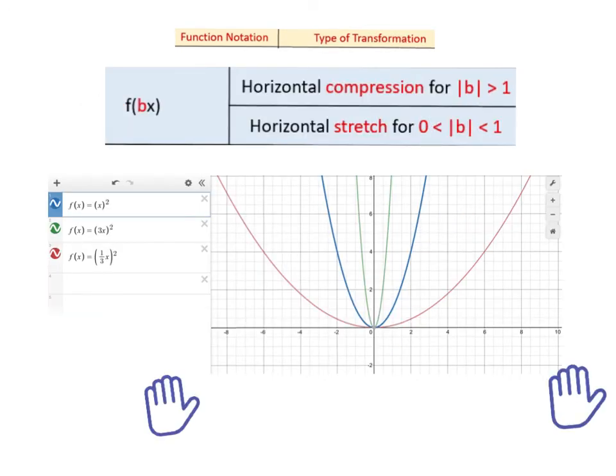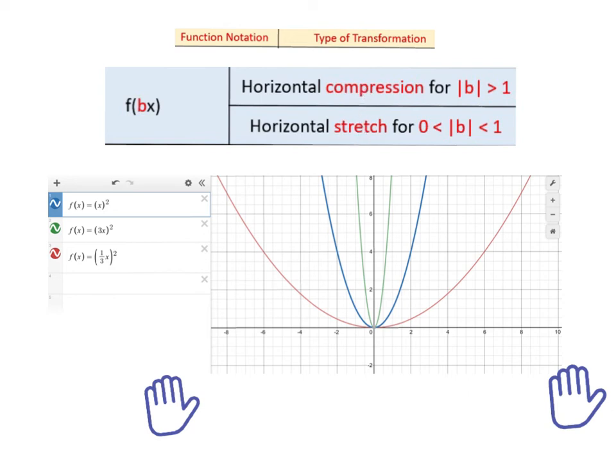All right, this is actually going to be our last one here. And again, this is another one where the change is made inside the parentheses. So we have a horizontal change. One is a compression, one is a stretch.